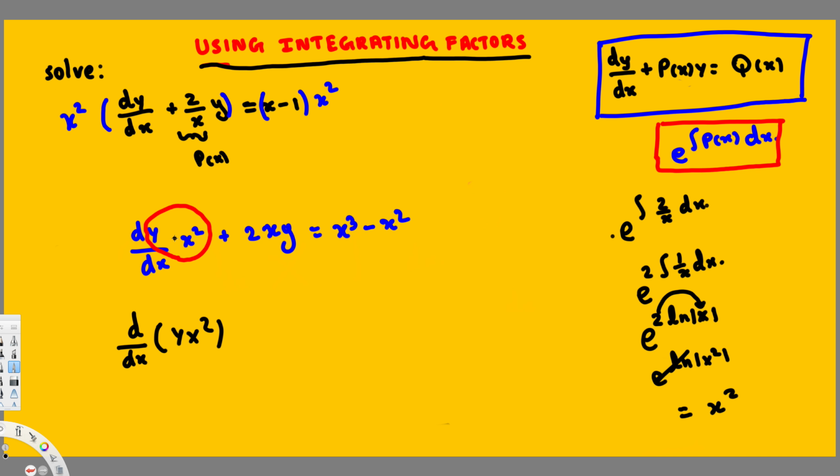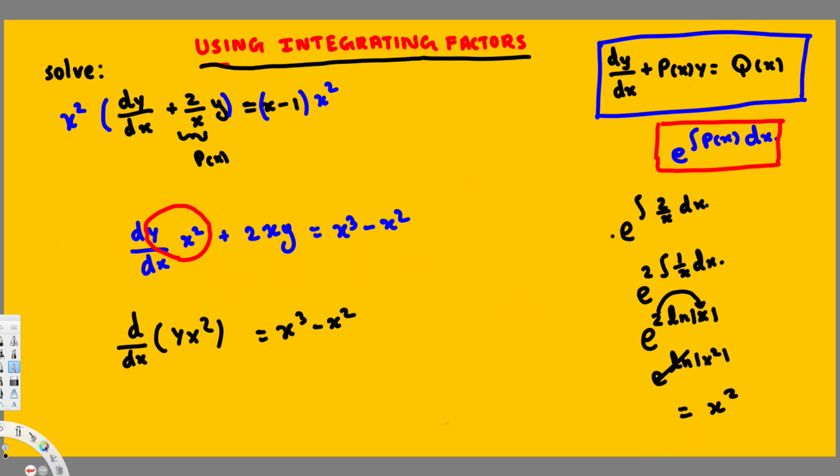This one will always work. You don't have to worry about the other part, because this one is the simple form of this one. So we are only taking the first part and writing it here, but that's going to be equal to the whole thing. If you find the derivative, you will get this back. That's going to be a product rule, and this is equal to x cubed minus x square.